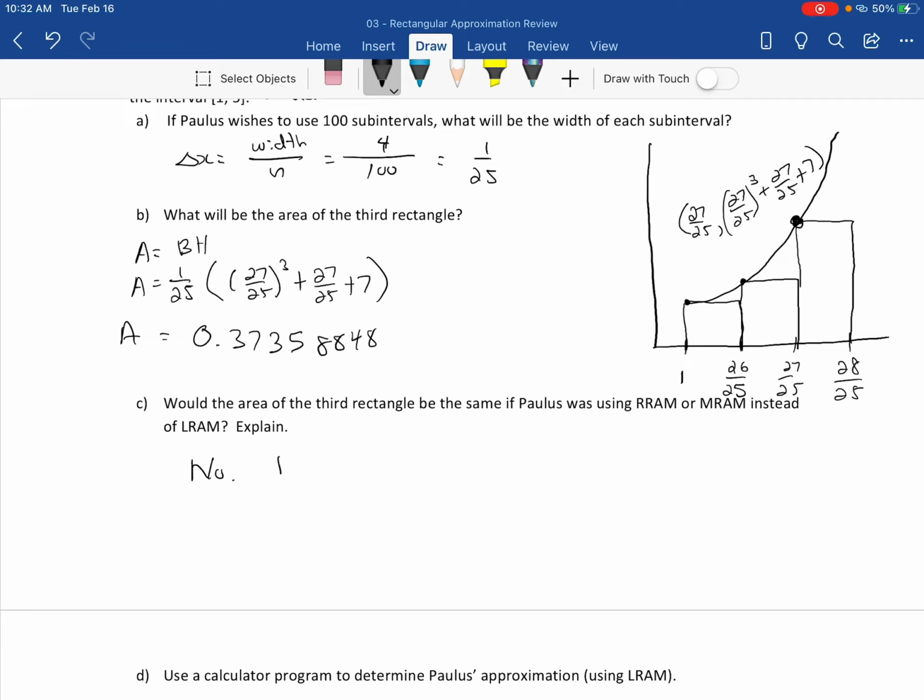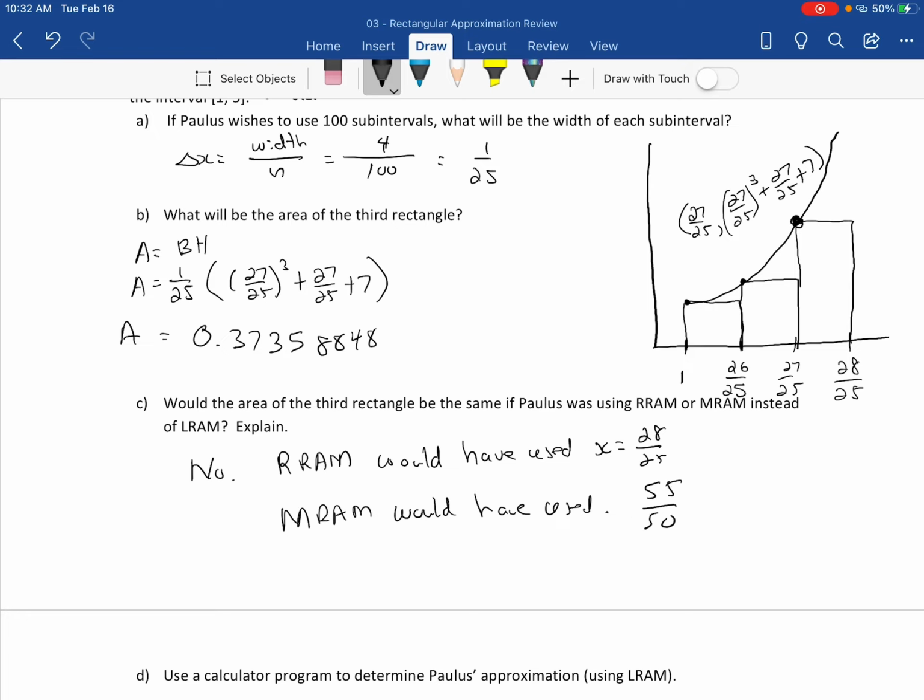For instance, for RRAM, we would have used the right-hand side of this rectangle as the value. So it would have used x equals 28/25ths. And MRAM would have used halfway between 27 and 28, so that's 55/50 it would have used for its third rectangle.